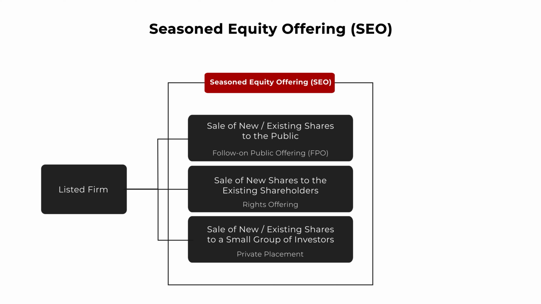Finally, in a private placement, shares are typically issued to a small group of investors. These investors could be insiders, for example, promoters, or they could be outside investors as well, such as private equity players, banks, financial institutions, etc. Having said that, both an FPO and a private placement can potentially involve the sale of existing shares as well.